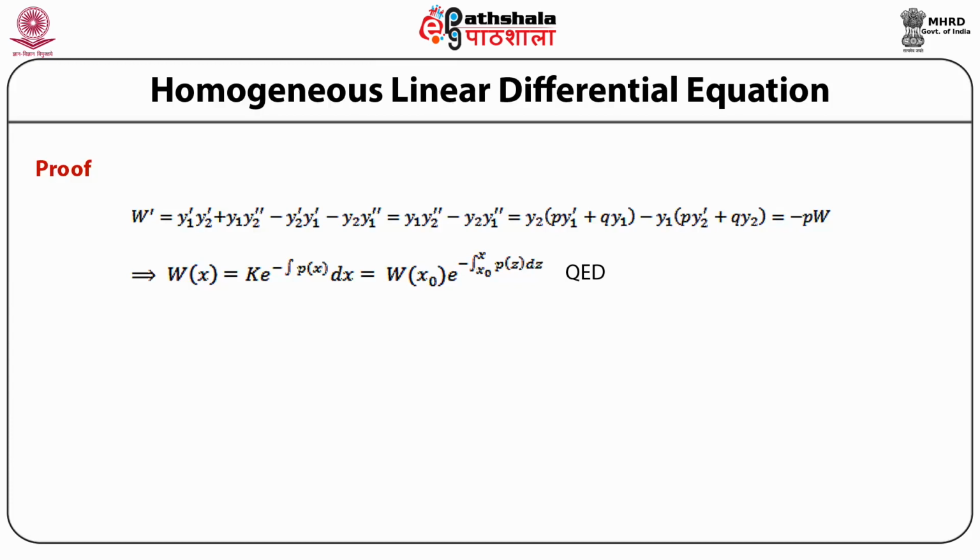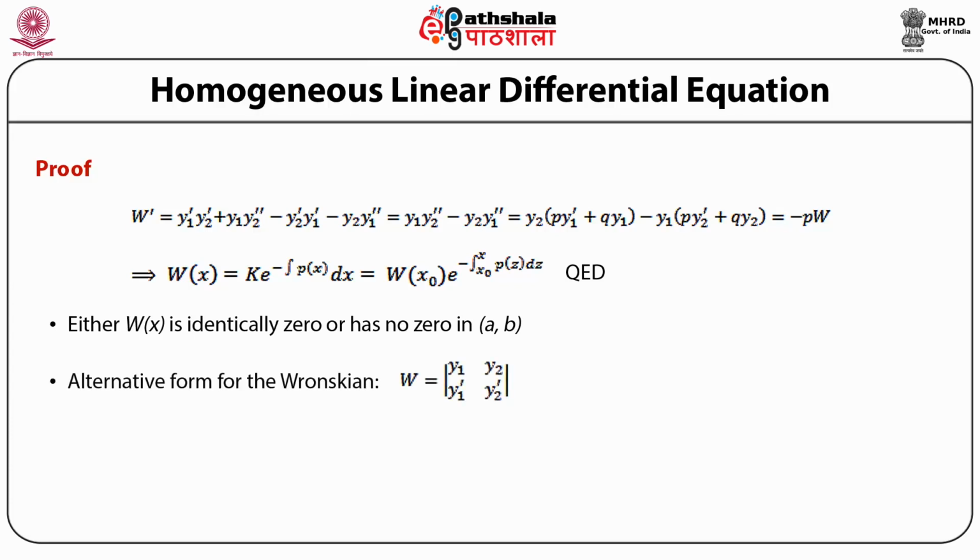If W(x0) is equal to 0, then W(x) is equal to 0. On the other hand, since the exponential function has no zeros, if W(x0) is not equal to 0, then W(x) has no zero in (a, b).